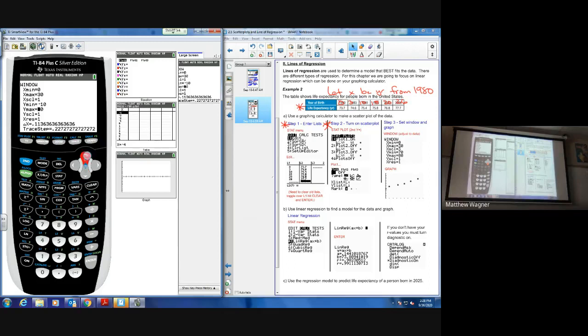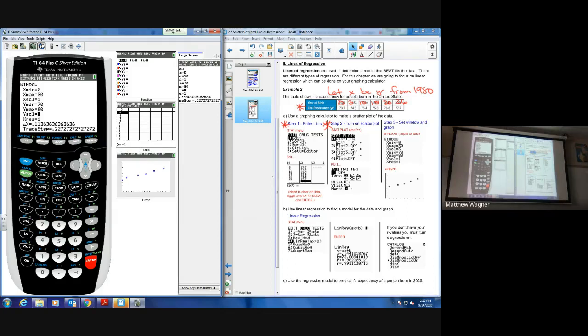On that same idea, my Y values went from 73.7 to 77.7. So I might choose between 70 and 80 because I know all the Y values in my table fit that information, okay? It's extremely important you change your window, otherwise you're not going to see your points.